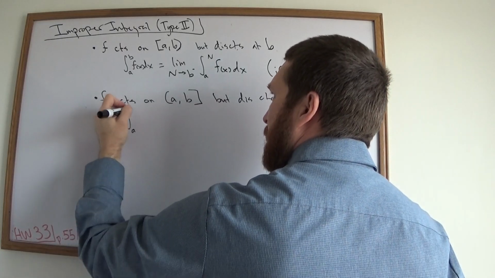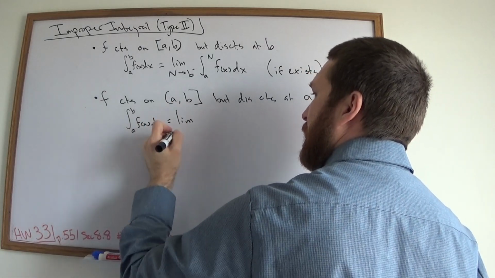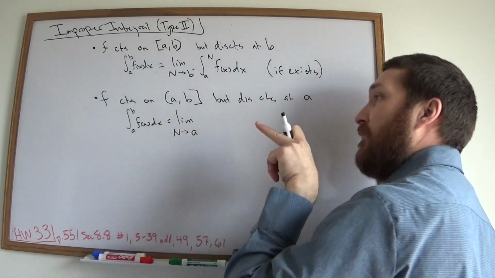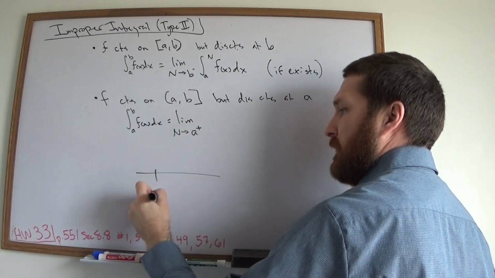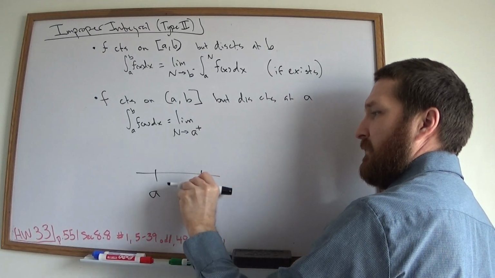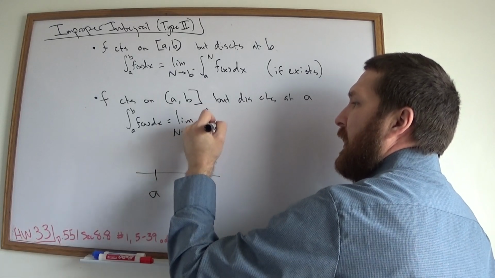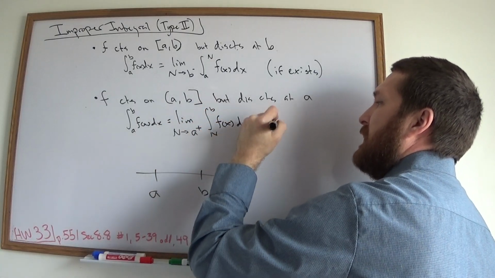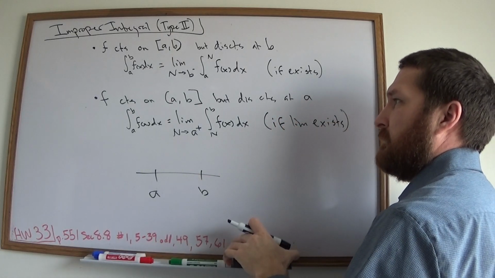Then the integral from a to b of f is the limit as n goes to a from the right, because I want to make sure about this, there's your interval a, b, and we care about the limit as we go from the right, of the integral from n up to b of f of x dx, if the limit exists.